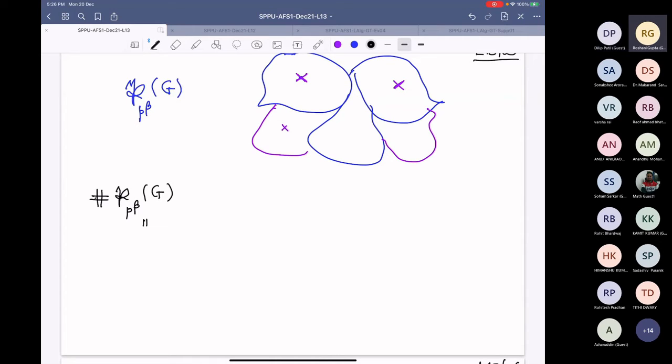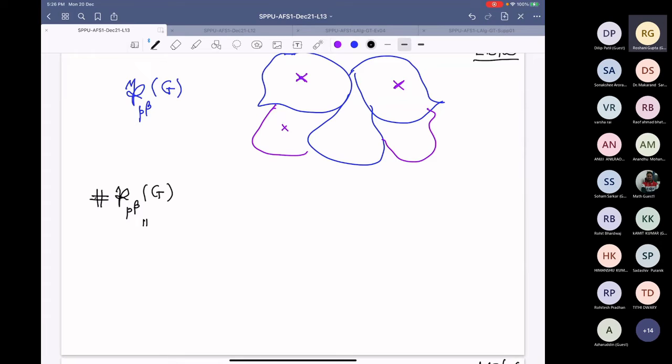Yes, sir. It's 2 raised to p raised to beta. Too complicated. Sir, it's the power set, no? Power set of a set G, which has cardinality, not p power beta. G has cardinality p power alpha times q.